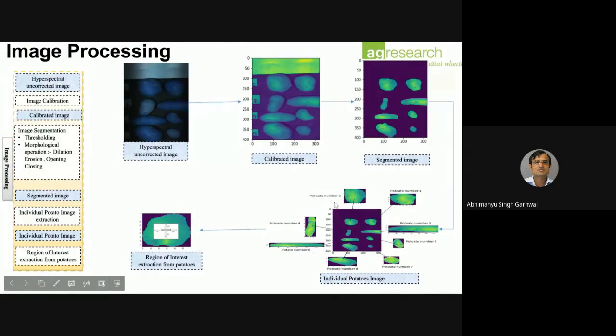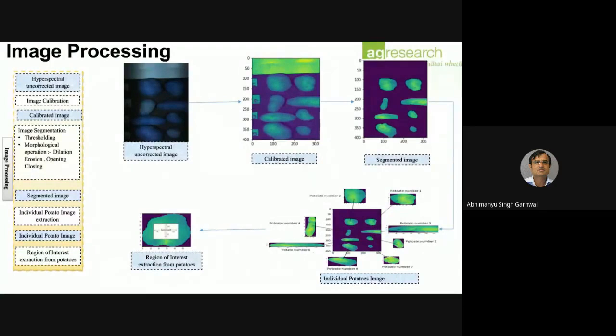After that, we extracted a region of interest from the center of the potato, 20 by 20 pixels. That means a 20 by 20 square at the center, so we got an image cube, 20 by 20 from the centroid of the potato.